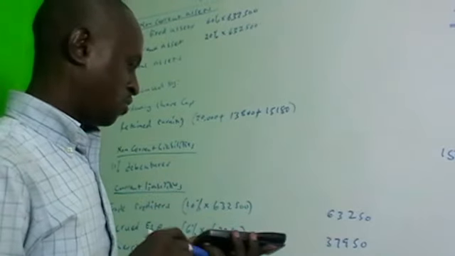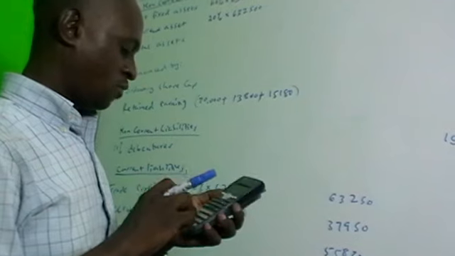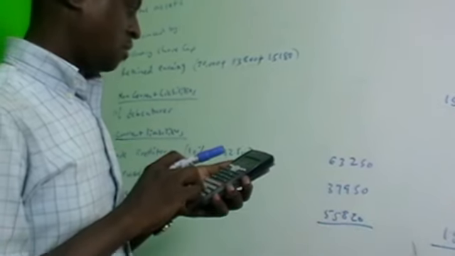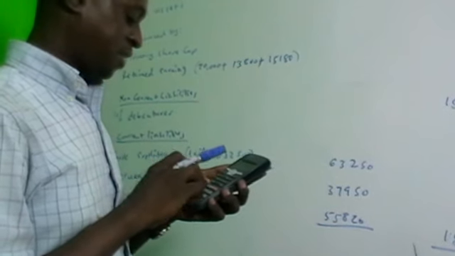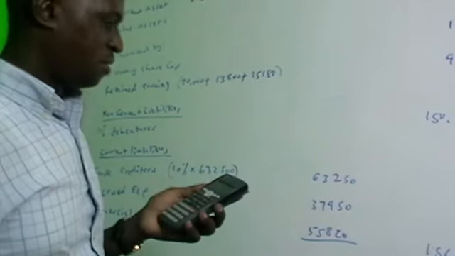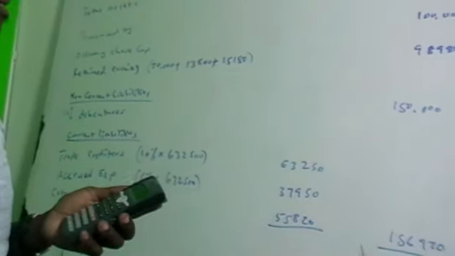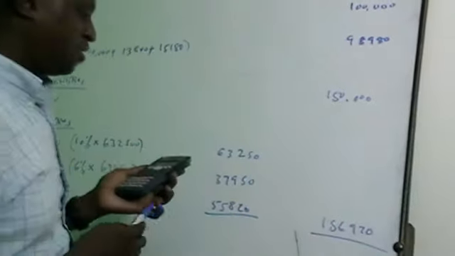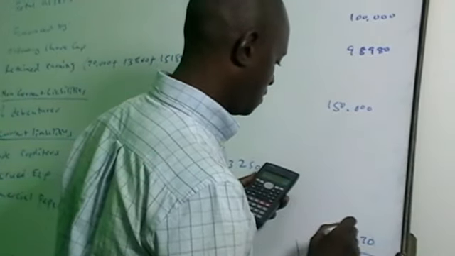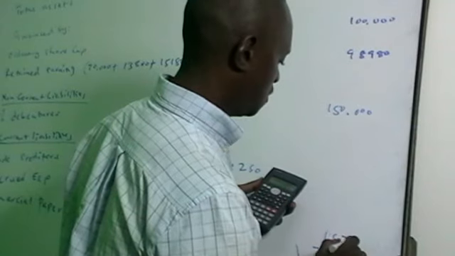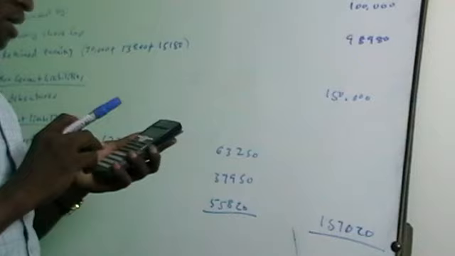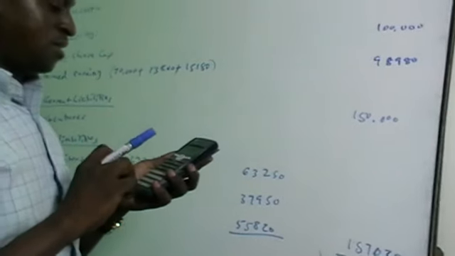Let's review our calculation. So this is 63,250 plus 37,950 plus 55,820. So that is 157,020. So we add 150,000.